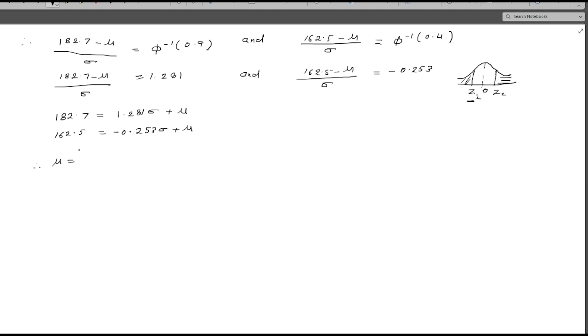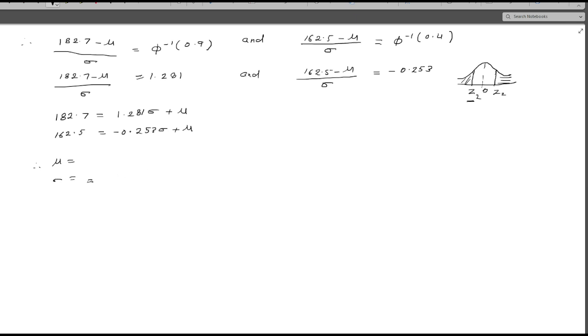We can use a calculator for solving these. So I have 1.281, 1, and 182.7 in one equation. In the other equation it is minus 0.253, then 1, and then 162.5. So here I get my standard deviation first and then the mean.